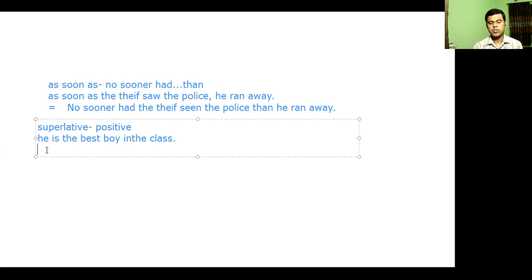In that case, we use "No other boy in the class is as good as he." Then go to next rule.